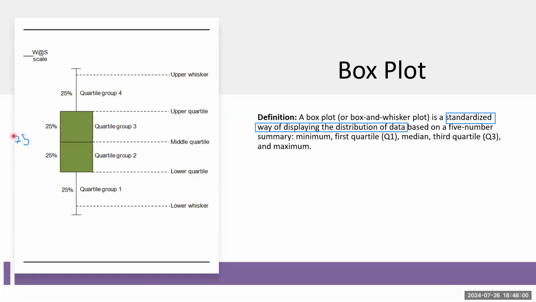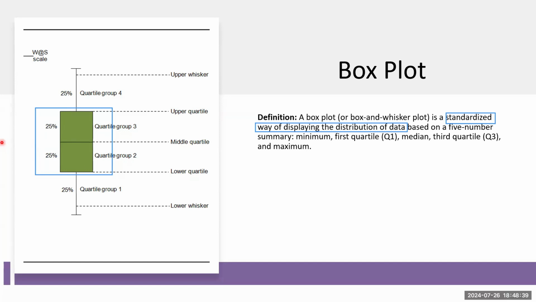We call this place here the interquartile range. Let me show you quickly. This side, we call it the interquartile range. And what is it? This is the middle box.